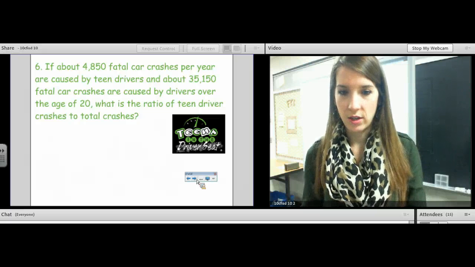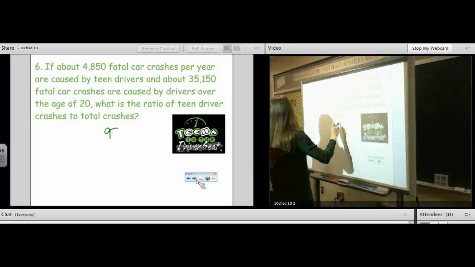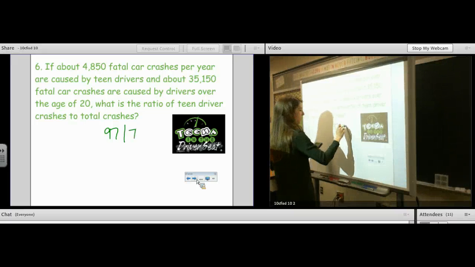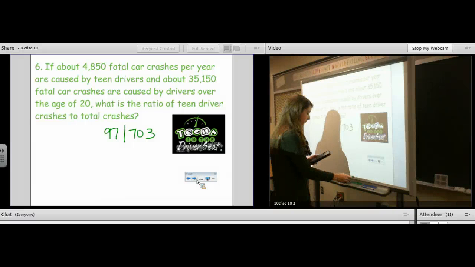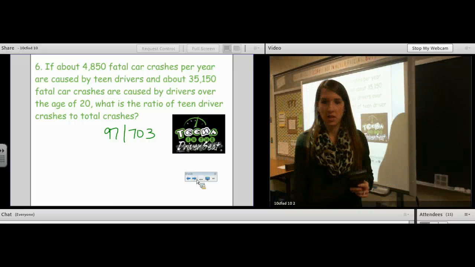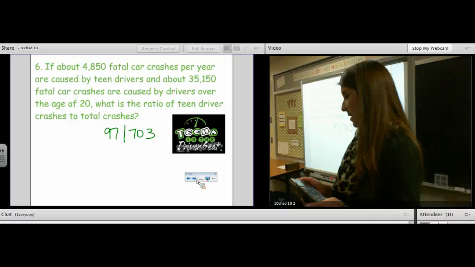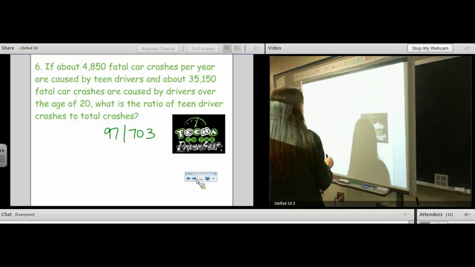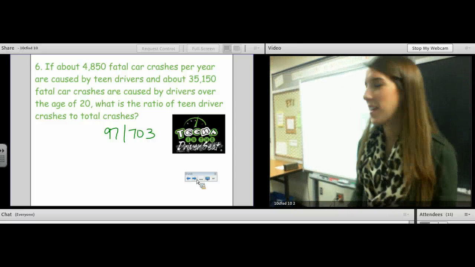Math, enter, enter. So I'm getting 97 to 703. And later when we do the probability unit, we'll talk about putting these into percents and probabilities and that kind of thing. It'd be roughly 14% of car crashes. Okay?